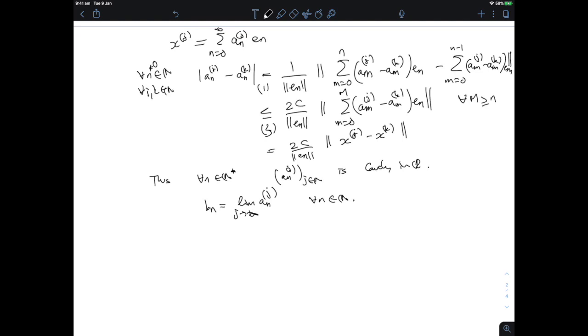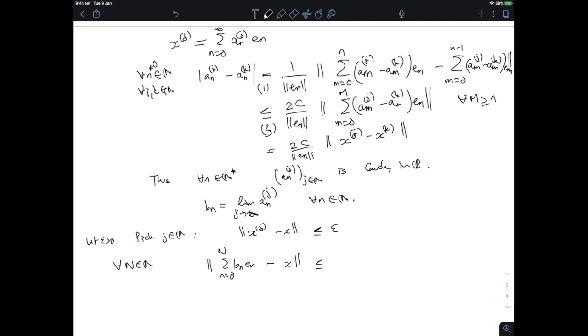Now the way you do that is that you give yourself an epsilon, you pick j such that the norm of xj minus x is smaller than epsilon. And then, for every N in the naturals, you look at the norm of the sum of Bn en up to N, minus x. And what can I say about this?